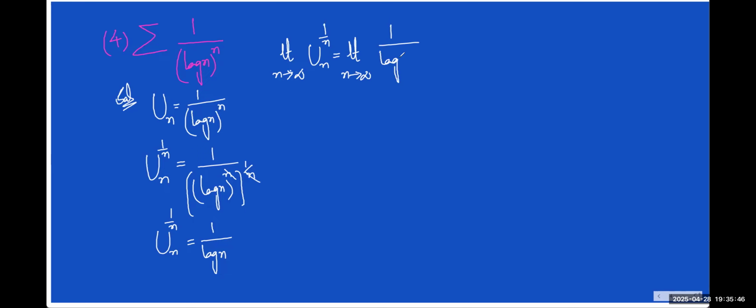See, when applying the limit now, you have to neglect log. Suppose log is not there, so 1 by n will become 0 only. 0 is less than 1. Yes. By root test, summation un is convergent.